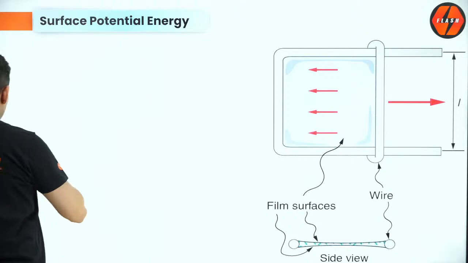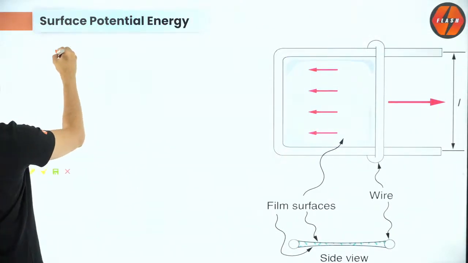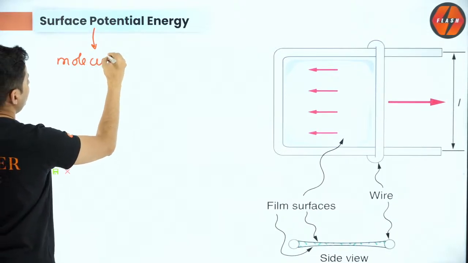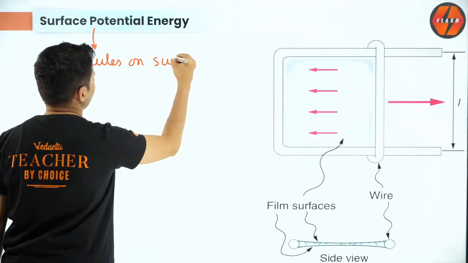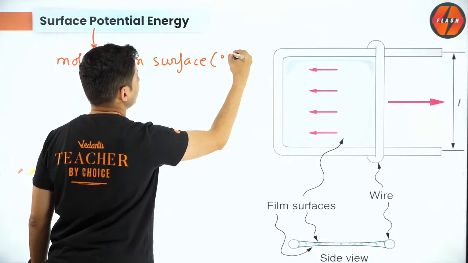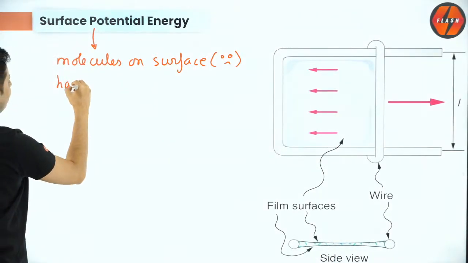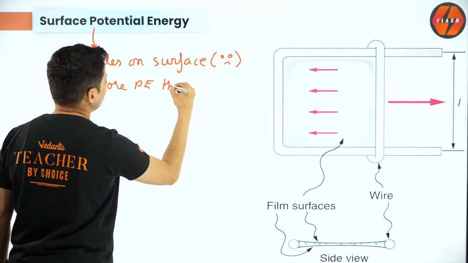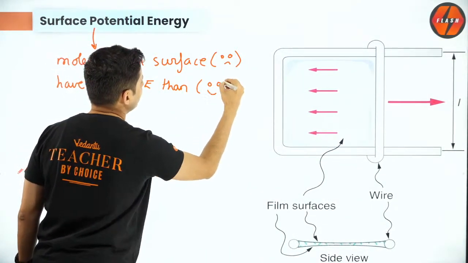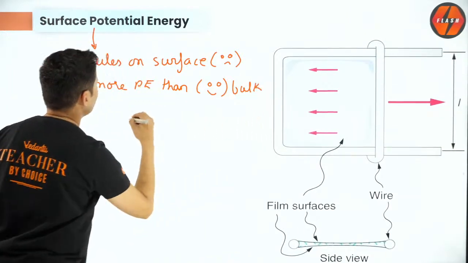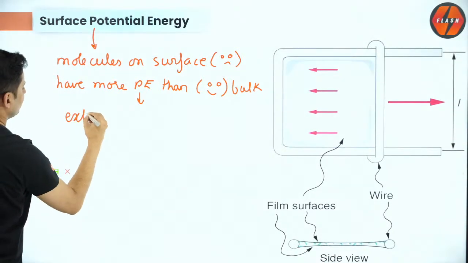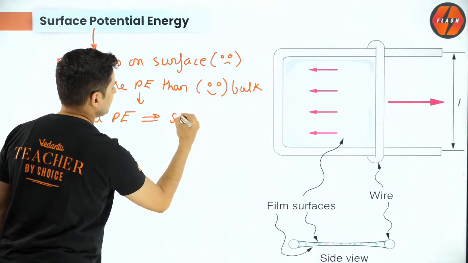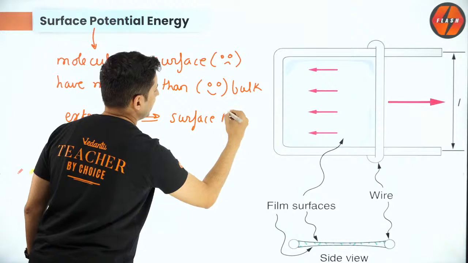The logic behind this is that the molecules on the surface, the sad faces, have more potential energy than the molecules in the bulk. This extra potential energy is referred to as surface potential energy.